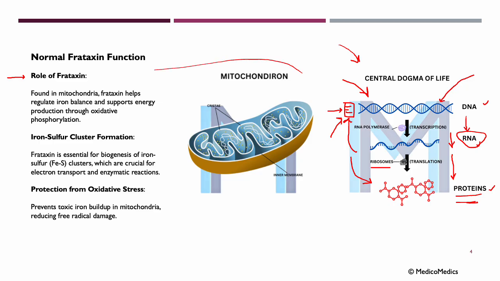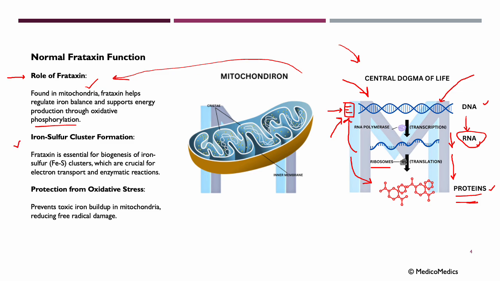So, turning our attention back to the role of Frataxin. Frataxin is a mitochondrial protein, and it helps regulate iron balance and supports energy production through the process of oxidative phosphorylation.